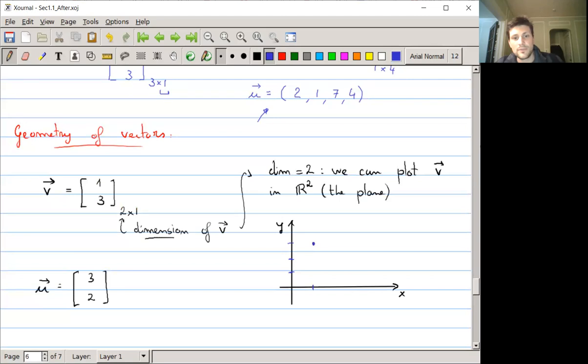So v could be drawn in a few different ways, but we'll usually use arrows to denote them. So that's my vector v, plotted in the plane. Let's do the same thing with this other vector u. This has x coordinate 3 and y coordinate 2. So u lives in the plane and it sits somewhere around here.